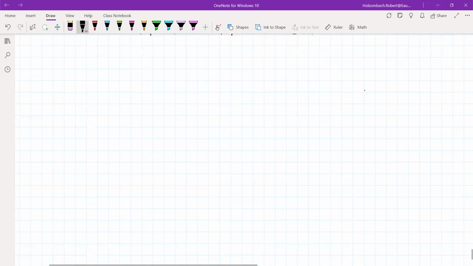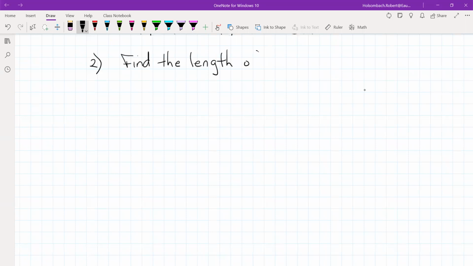So then we've got problem number 2, which you're asked to find the missing side in simplest radical form.